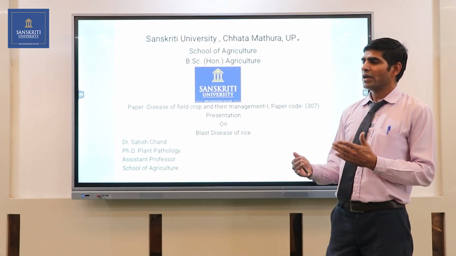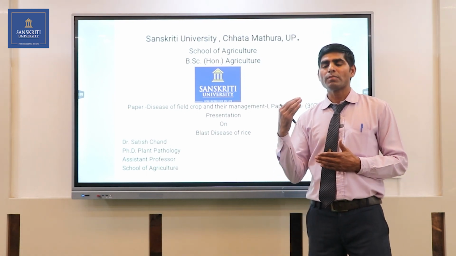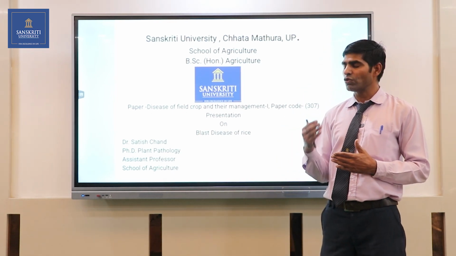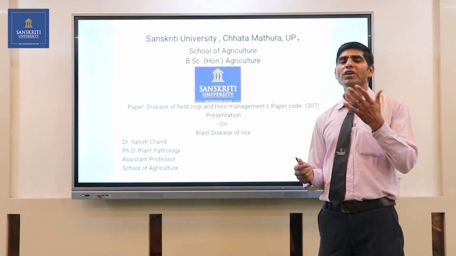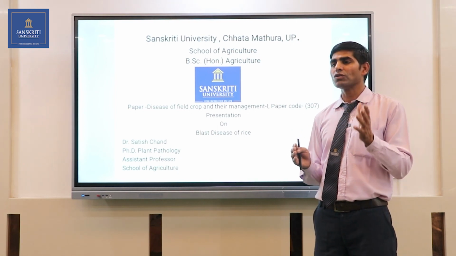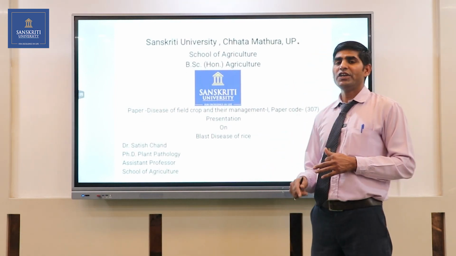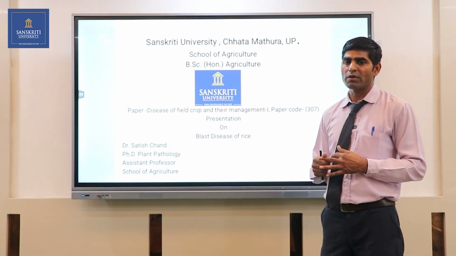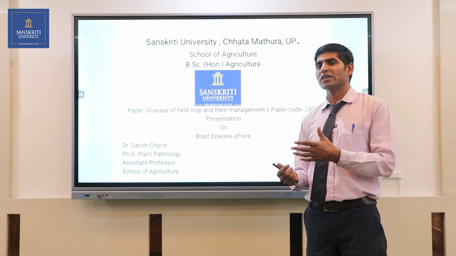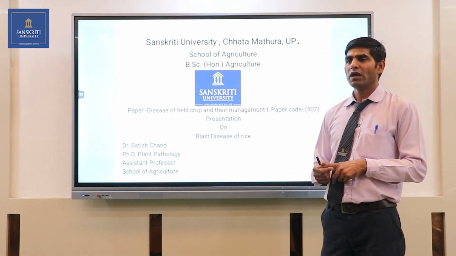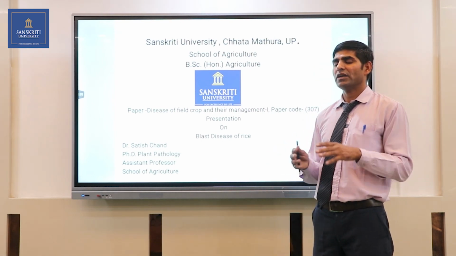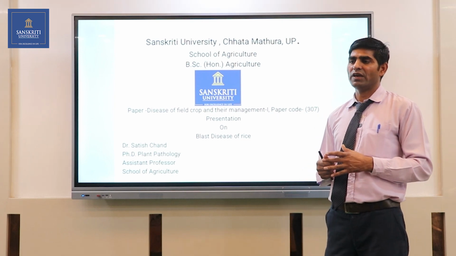So it is recommended that you take the seed from a reliable source, which should be disease free. And the field where you are doing rice cultivation should also be neat and clean, and there should be summer plowing, so that during the summer season the Pyricularia fungus comes to the upper surface of the soil, comes in direct contact with sunlight, and is eradicated from the field.